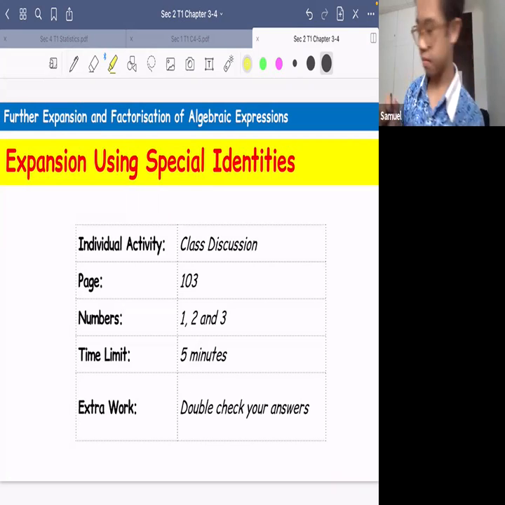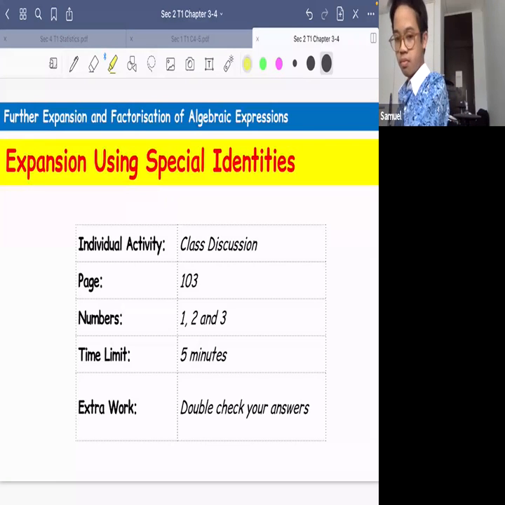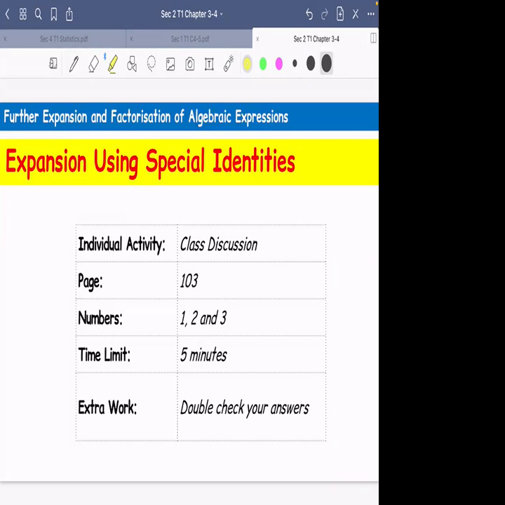Mister, I'm done. Okay. Now, these 3 special identities here, class, will apply until you reach Sec 4.